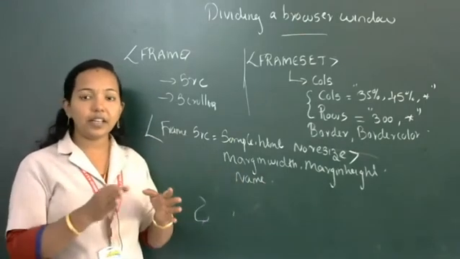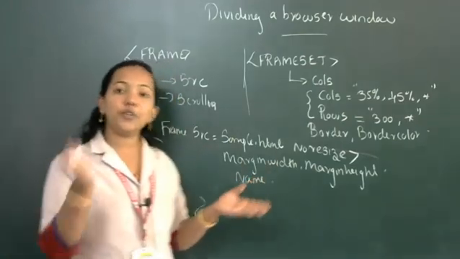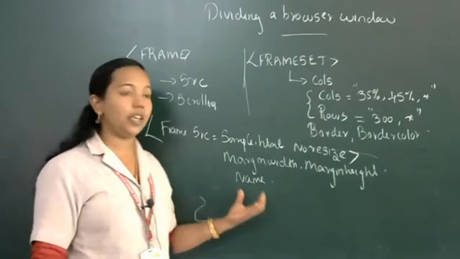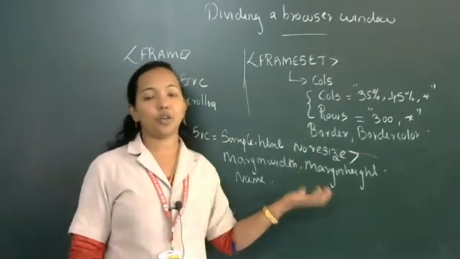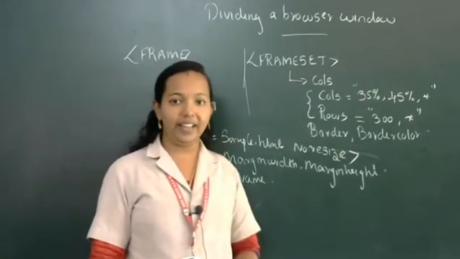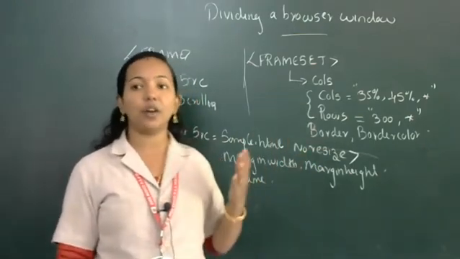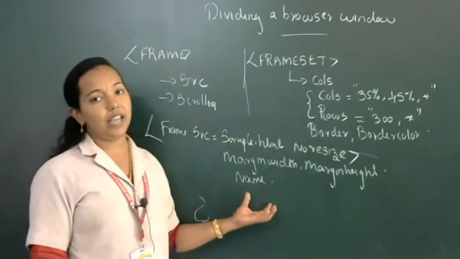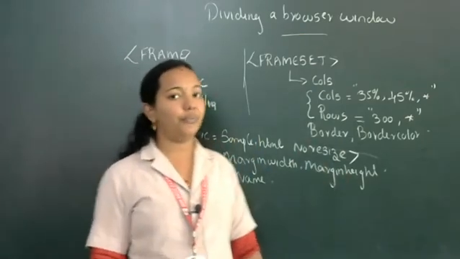Then when we click, automatically the browser will go to the left frame. If you want to move to the right frame, then we can give name equal to right, or we can name a particular section of our web page. We already saw the name attribute in internal linking. To go to a particular position or section of the same web page, we can use the name attribute. So these are the important attributes of the frame tag.